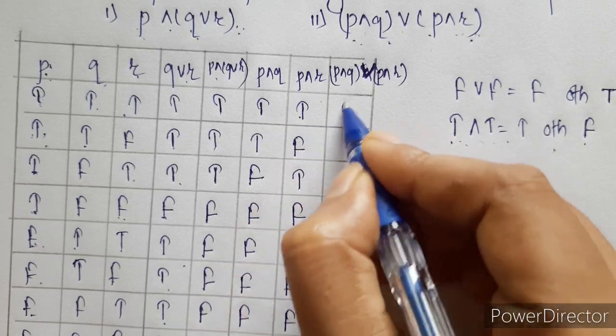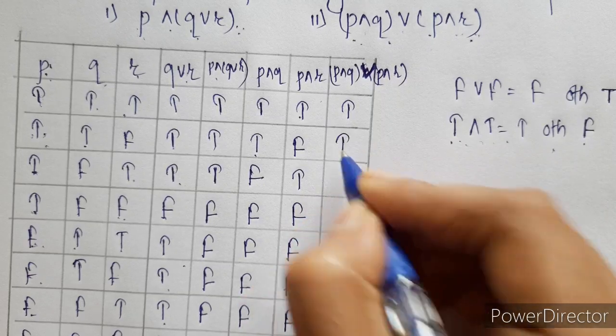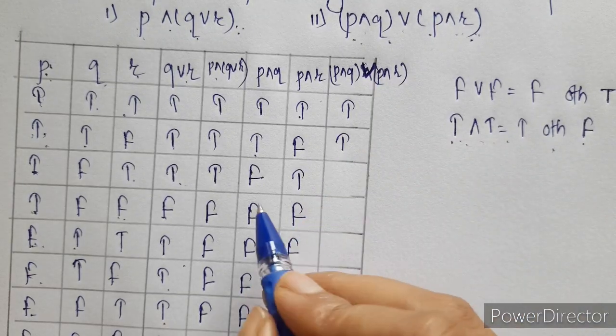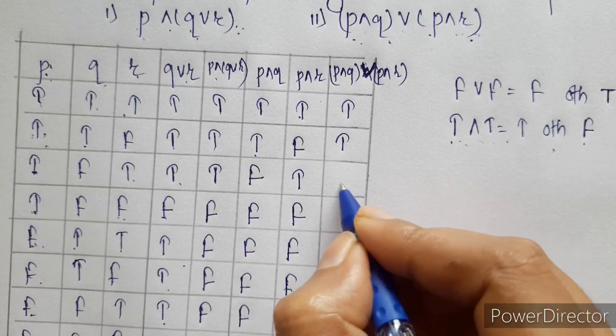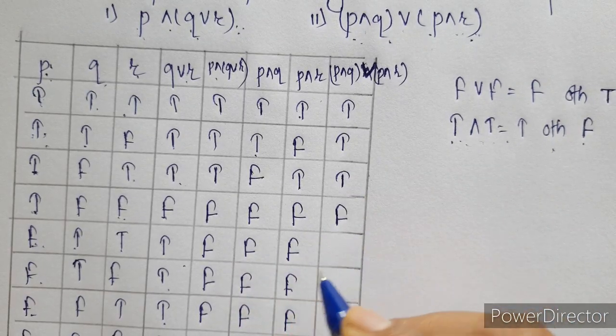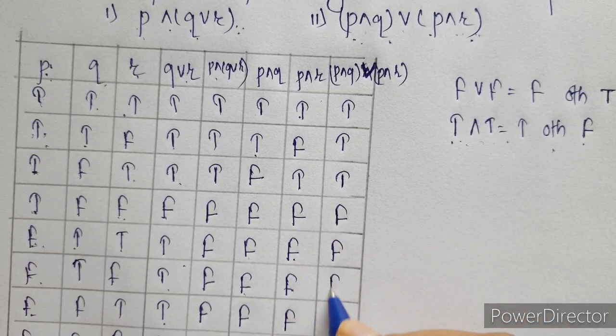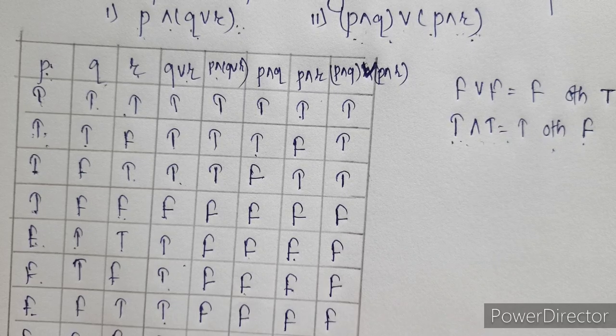So true or true, true; true or false, at least one is true, so this is also true; false or true, one is true, so true; both falses, then this is false; both falses, again this is false; here also both are falses, again both are falses, last also both are falses.